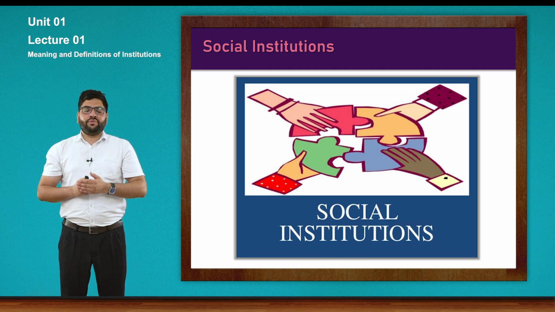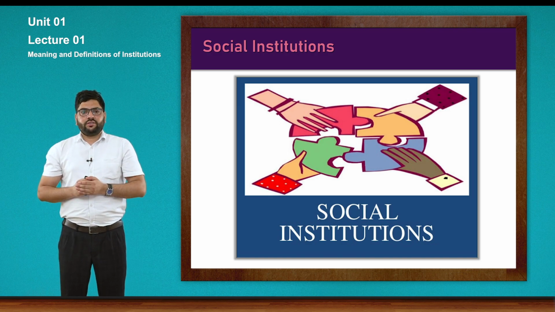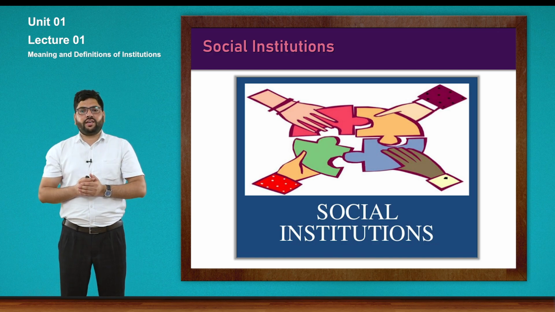We have different religions existing in the land of India: Hindus, Christians, Parsis, Jains, Buddhists, Muslims. There are different kinds of religions existing in India, and they have their own religious beliefs, which we call the belief system.